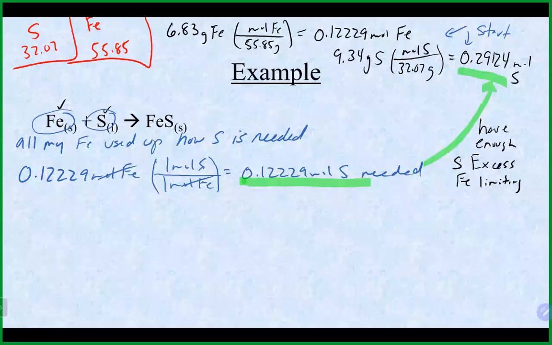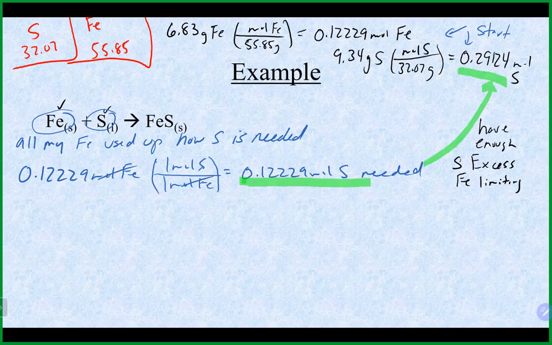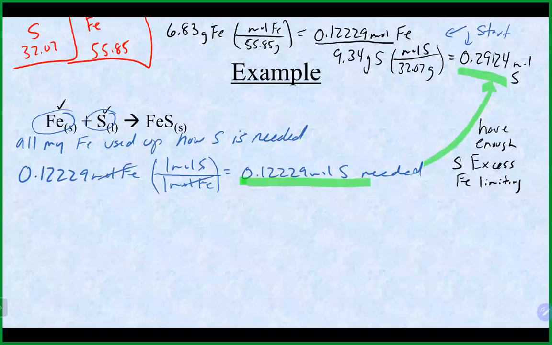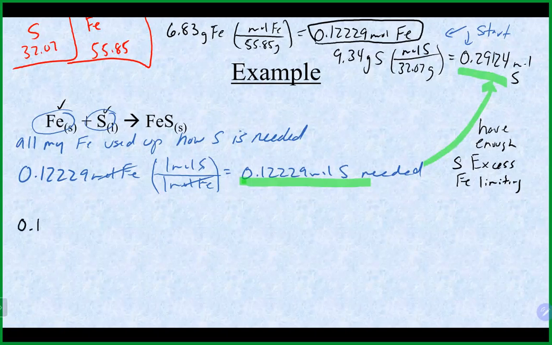Once I determine which one's my limiting reagent, I want to make sure that I go back and use the starting amount of that limiting reagent to actually calculate the product. And again, our starting amount of the limiting reagent here is that number. So we will now pick up with our basic stoichiometry steps, just like normal. We'll start with our starting amount of our limiting reagent. Again, that's our limiting.